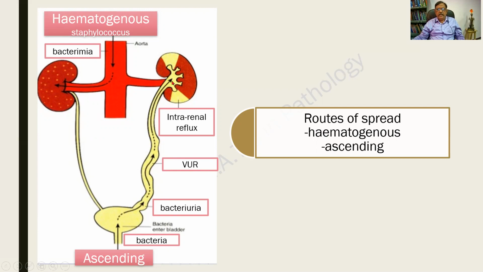And once it is up, in the renal pelvis and the calyces, it can go to the poles of it, leading to a different pattern of infection. This is an ascending mode of infection and this is a descending or a hematogenous mode of infection.